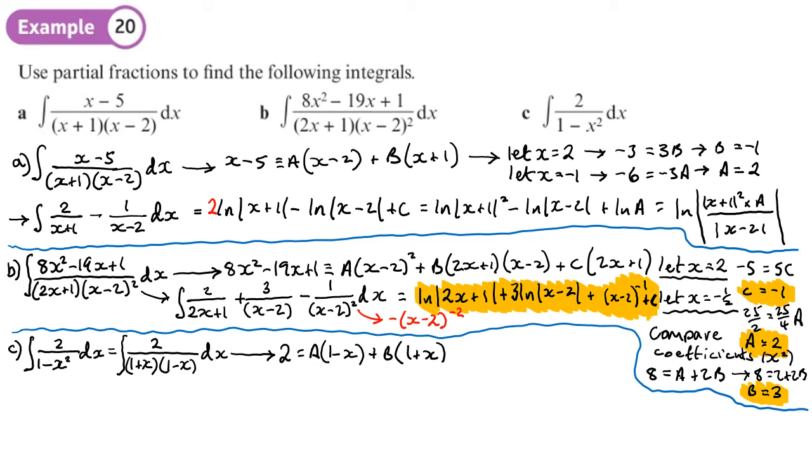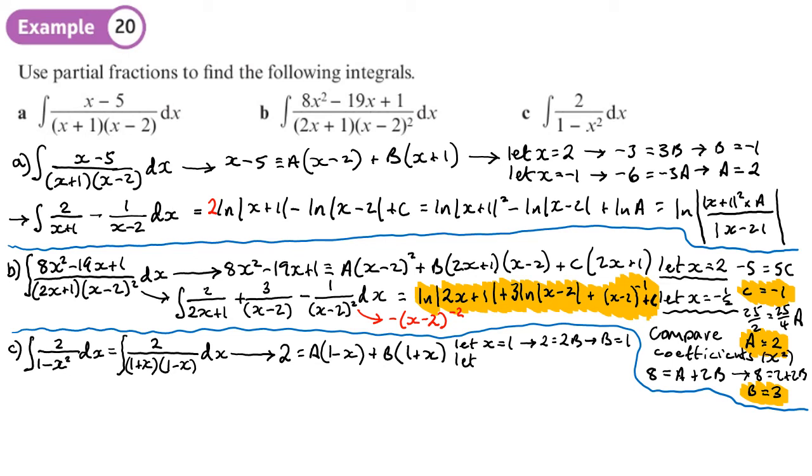Yeah, so that's the quick way of doing it. So we're going to let x equal 1. When x equals 1, we have 2 equals 2b, so b equals 1.